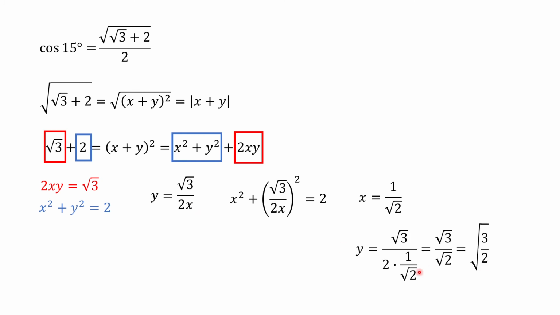Well, we can plug our x into this equation, and this is what we're going to get. So now we found x and y, which we can put in this form. Let's clean up the picture.